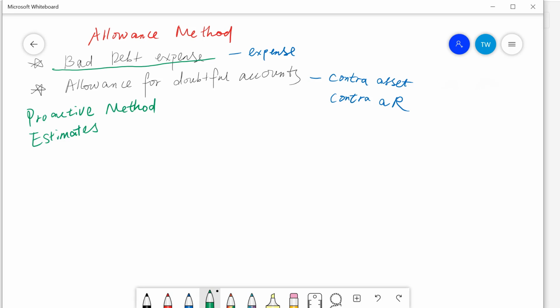So if you think December credit sales, typically customers will pay in January or February of the following year. With allowance method, the company will, on December 31st of that year, even though people haven't started to pay and you don't know who is not going to pay and how much won't be paid, make estimates of how much bad debt expense is going to be based on this year's sales.